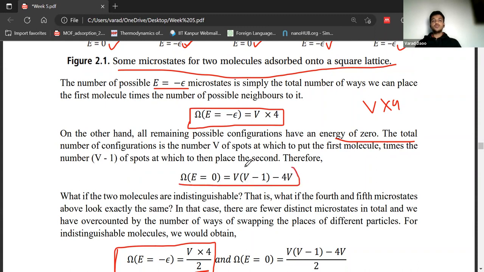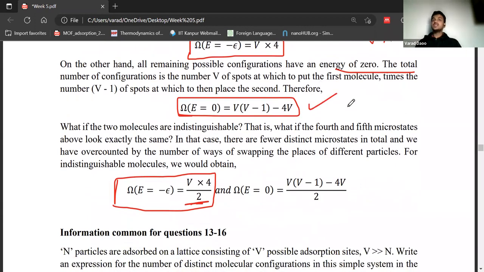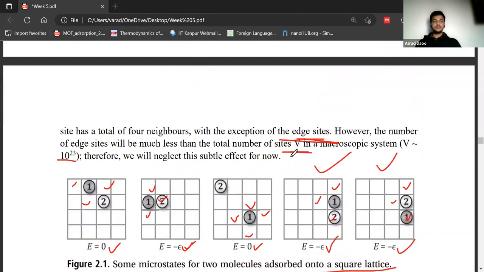So this is the total number of ways for the second option, that is, the total number of ways of putting molecules so that the energy of interaction between them is zero. It is nothing but the total number of ways minus the number of ways we found for the earlier question. But again, here the molecules are indistinguishable, so we have to divide by two.